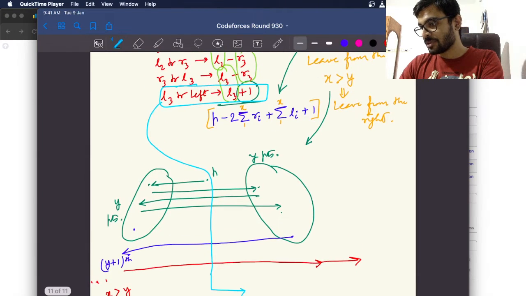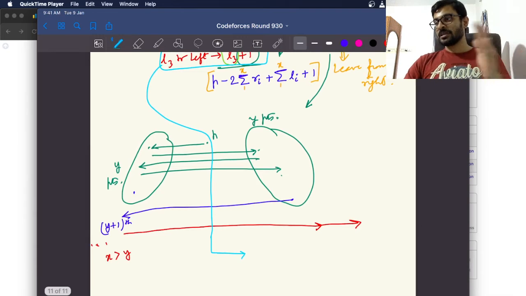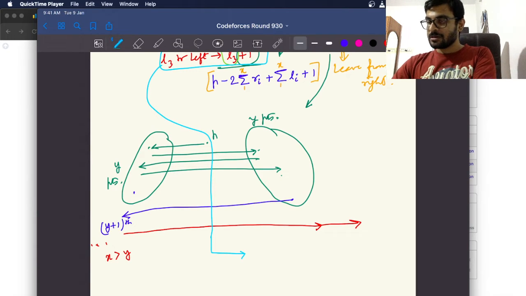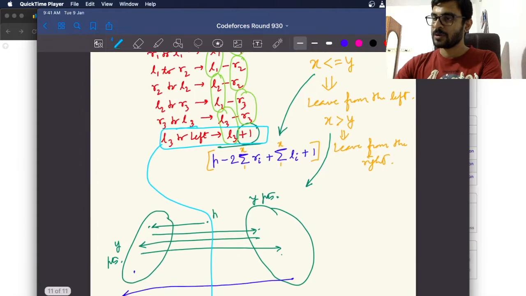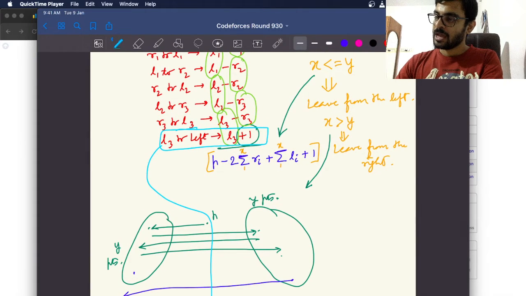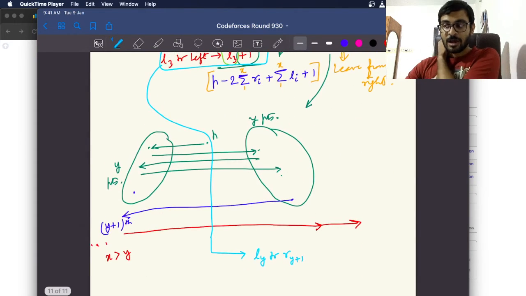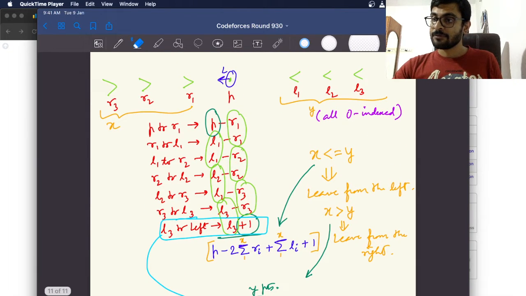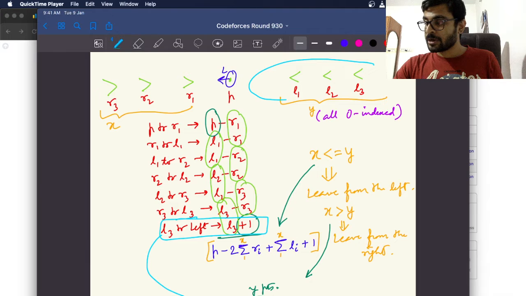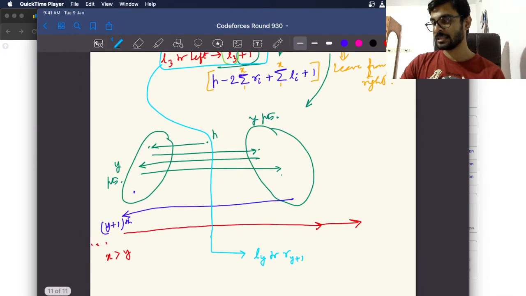So you are at L3, or let's say this Ly. From Ly you have to basically go from Ly to R of Y plus 1. The way you are moving from L2 to R3, similarly Ly to R of Y plus 1. What am I discussing? Basically the same thing. If the number of pointers is less on the right side, more on the left side, then this happens.